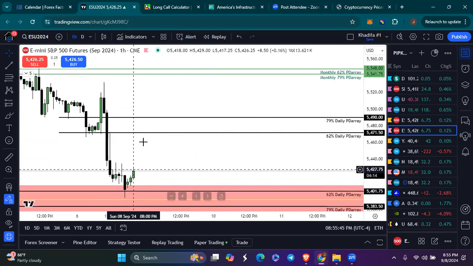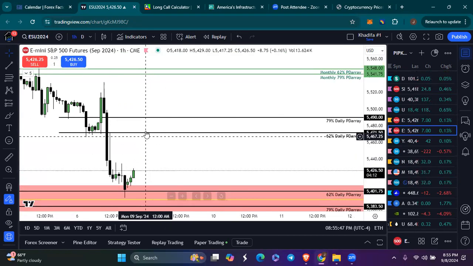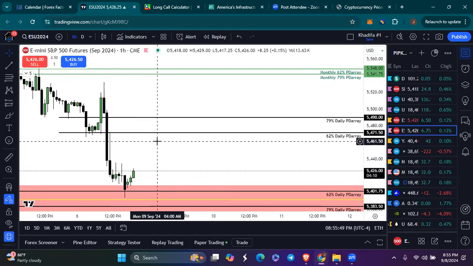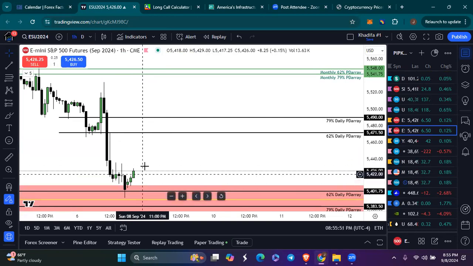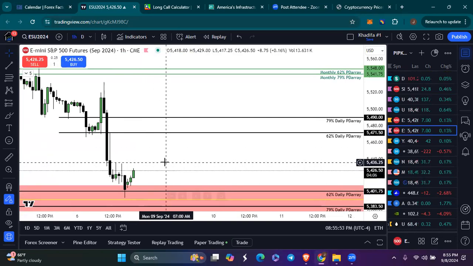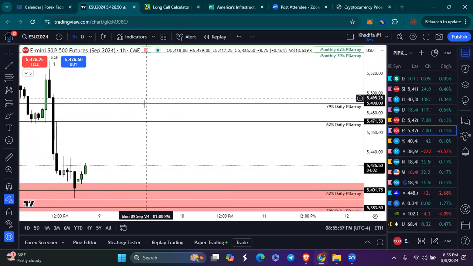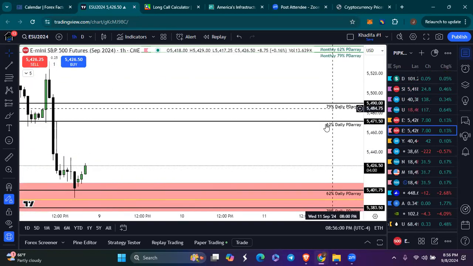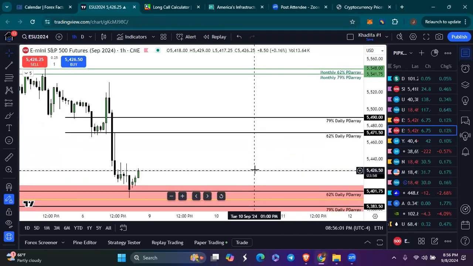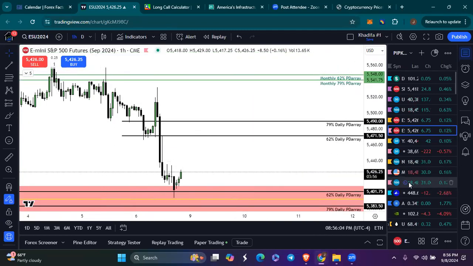Now you have to wait on it to finish extending higher, and then wait on a pullback so you can get in at a discounted level for the continuation up to the daily PD array level. So same thing with NQ.